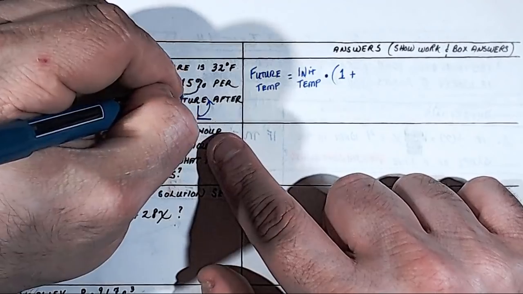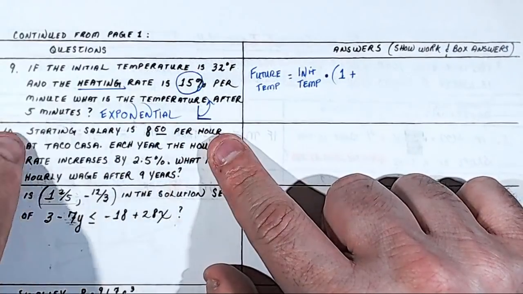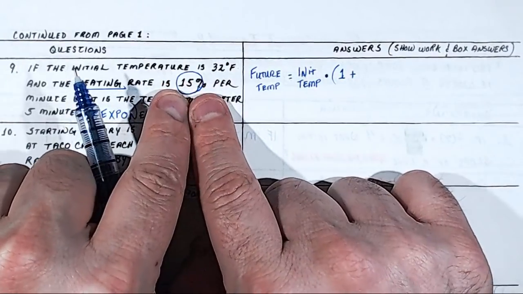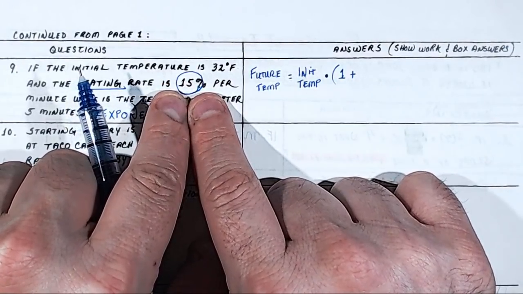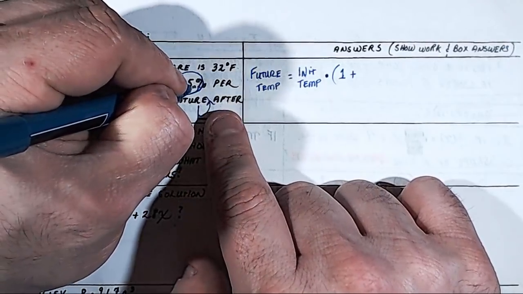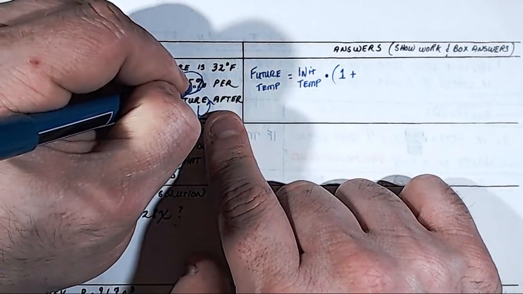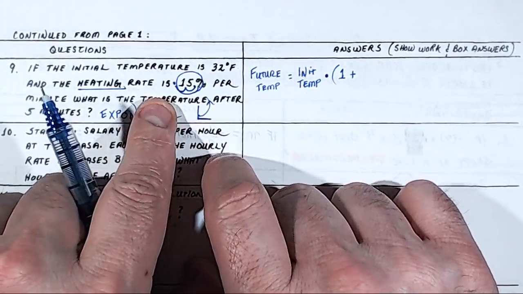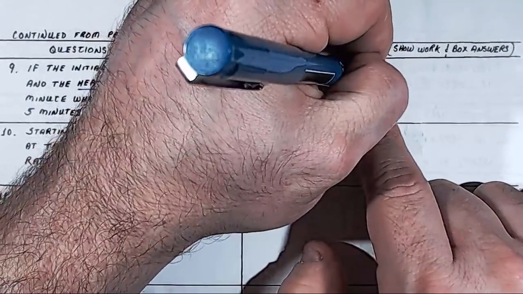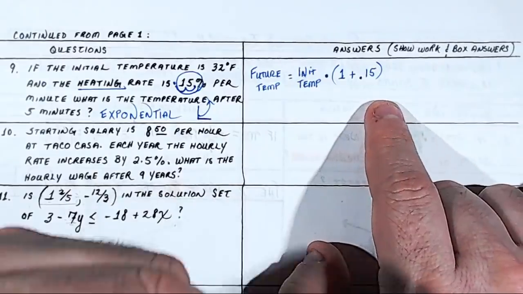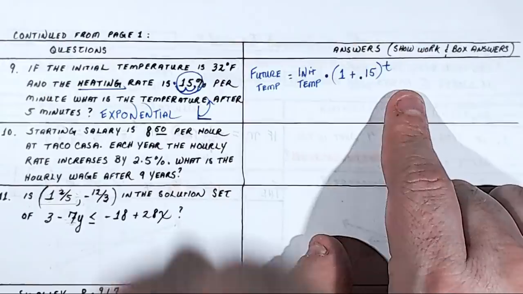So the rate of growth is 15% per minute. But we don't put 15 in there, we put 15% as a decimal. Now 15% as a decimal is, what you do is put a decimal point after the 5 and move it to the left 2 places. 15% is 0.15, so 1 plus 0.15, close parentheses, raised to t for time.